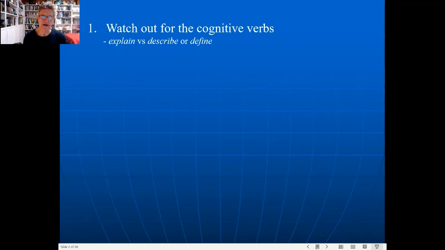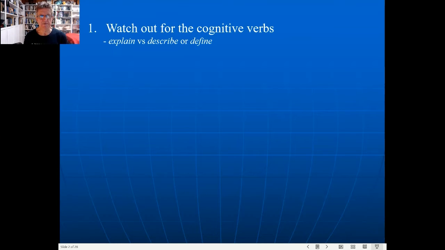A couple of the main ones for physics are explain, describe and define. Now, define has been used in the last couple of years, but with the new syllabus coming out next year or later this year, define won't be one of the cognitive verbs. The students aren't expected to define any of the glossary items. So it's mainly explain versus describe I want to talk about.